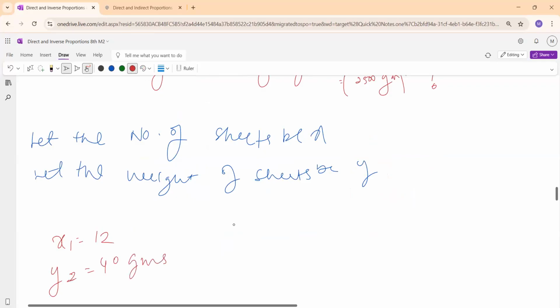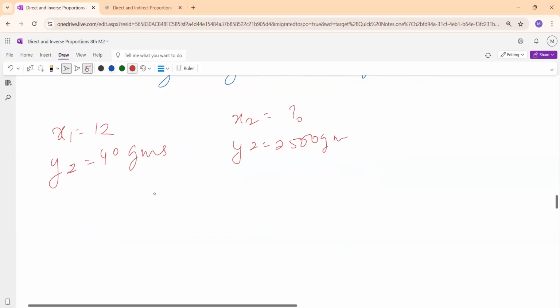Now second, I have to find the second number of sheets, whose weight is 2500 grams. Guys, we have got x1, y1, x2, y2. Put it in the formula: x1 by y1 is equal to x2 by y2. So x1 is 12 by y1 is 40 is equal to x2, which we have to find out, by y2 is 2500.